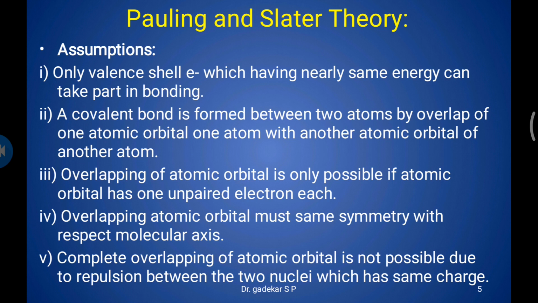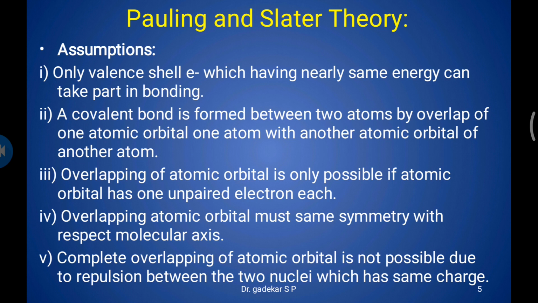Third, overlapping of atomic orbitals is only possible if each atomic orbital has one unpaired electron. Okay, so an unpaired electron is necessary. Fourth, the overlapping atomic orbitals must have the same symmetry with respect to the molecular axis.